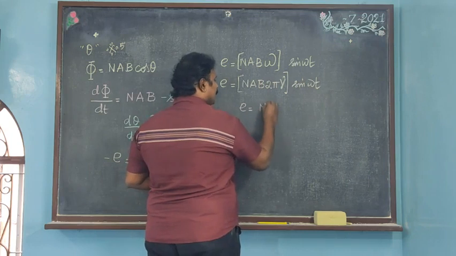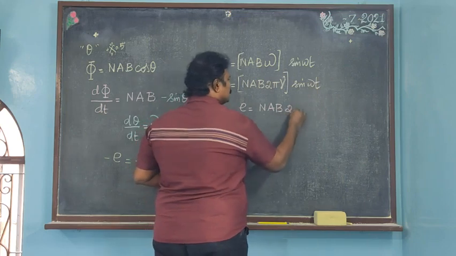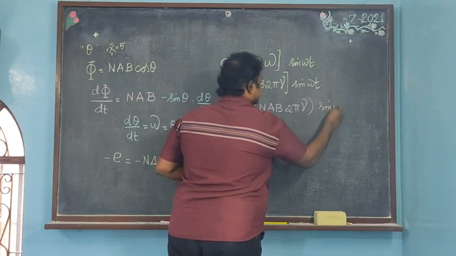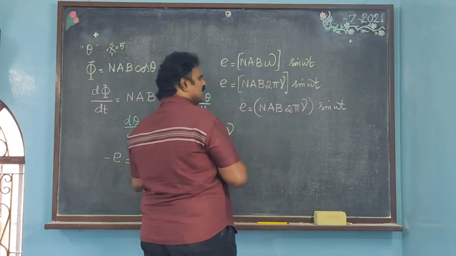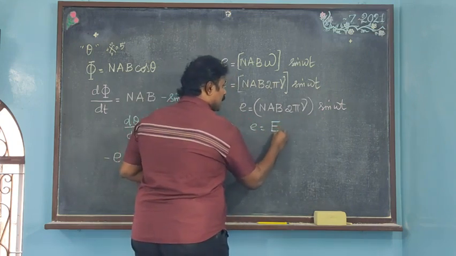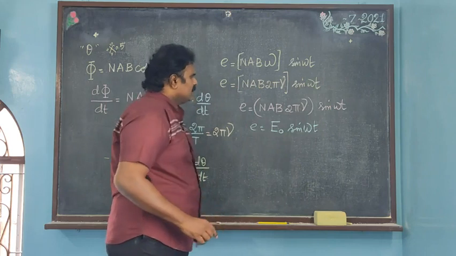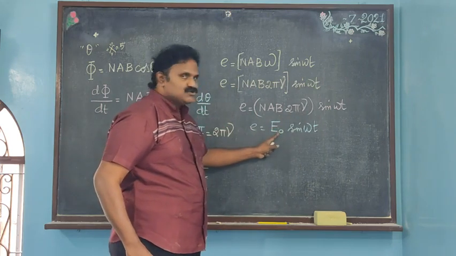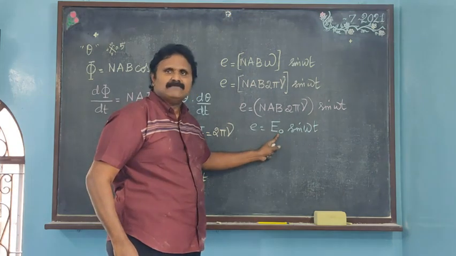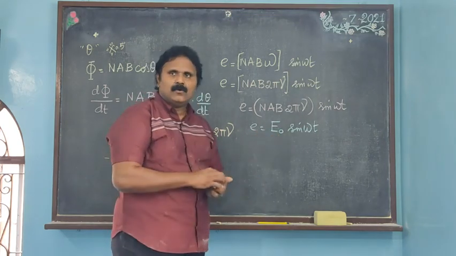Understand my point clearly? N A B 2 pi nu into sine omega t. I condense this entire term to be E naught into sine omega t. I condense all these values to be equal to E naught. I'll tell you how I condensed it and the reason behind condensing it. So, E is equal to E naught sine omega t.